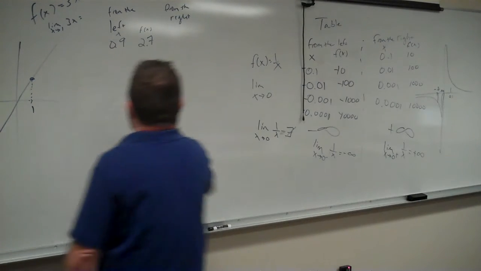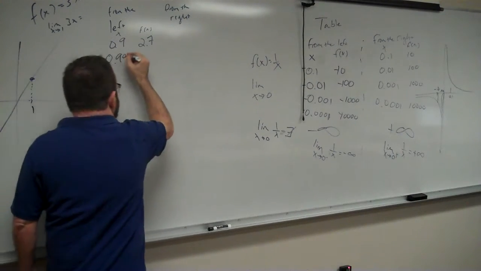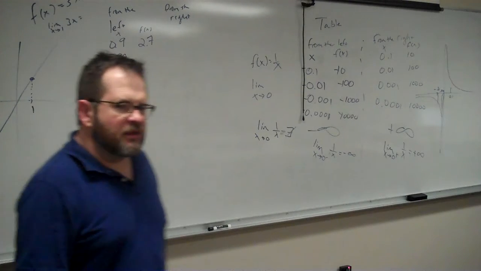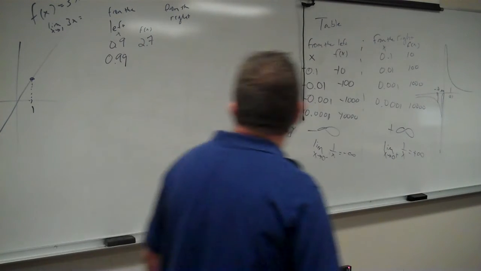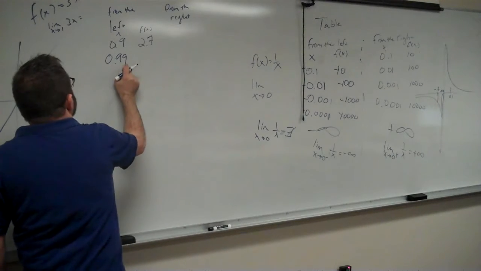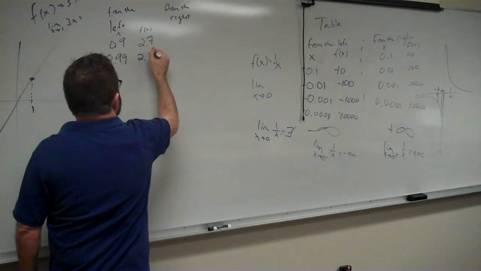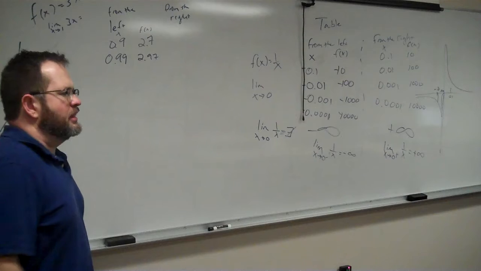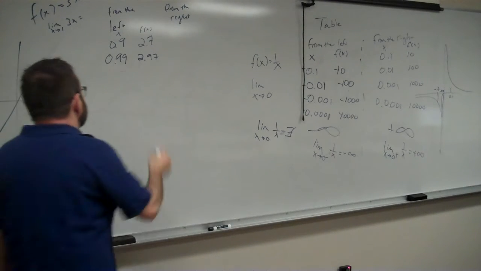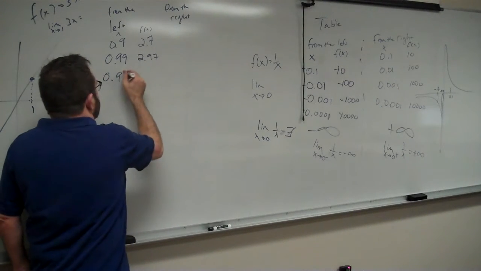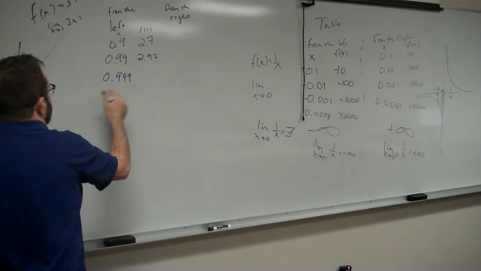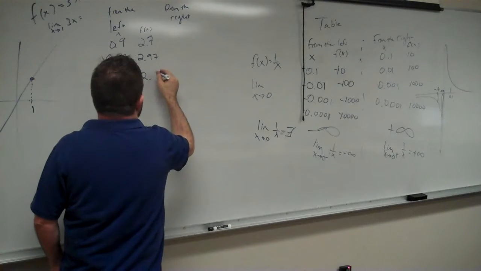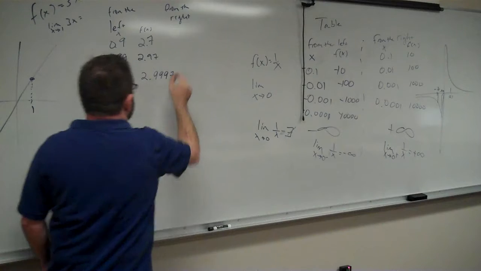Now take a big step closer, like 0.99. Plug that in for x, I think that's 2.97. Take another big step closer, 0.999. I think that is 2.997.